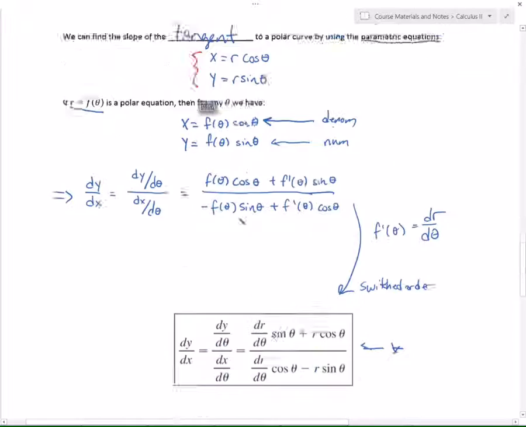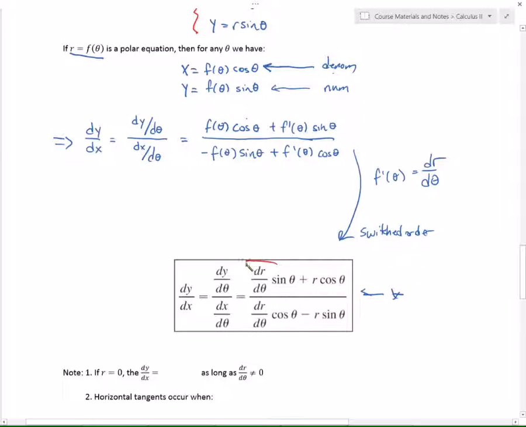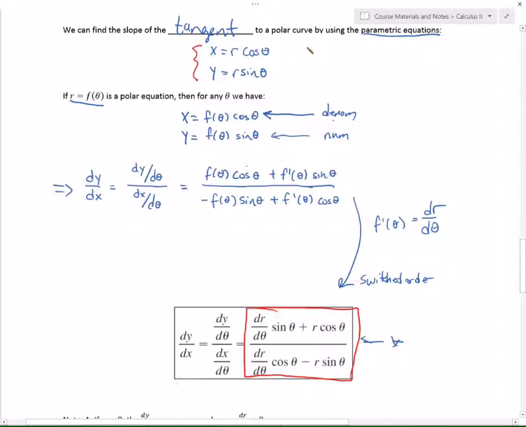And that's what we derived here, and it turns out this is the formula that we get when we think of r as a function of theta and rewrite the polar curve as a parametric curve. Why we start with parametric curves in chapter 10 is so that we can use some of the things that we derive for parametric curves for polar curves, because if we have r as some function of theta, we can always write it as a parametric curve.